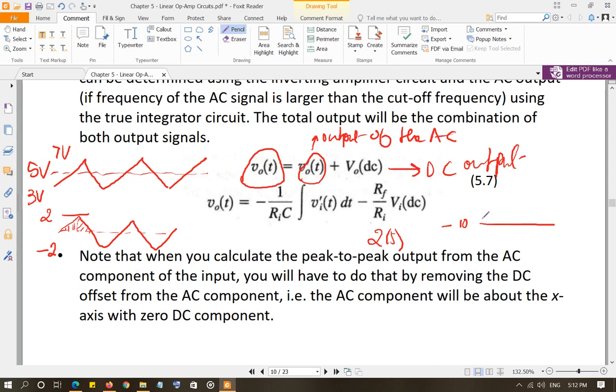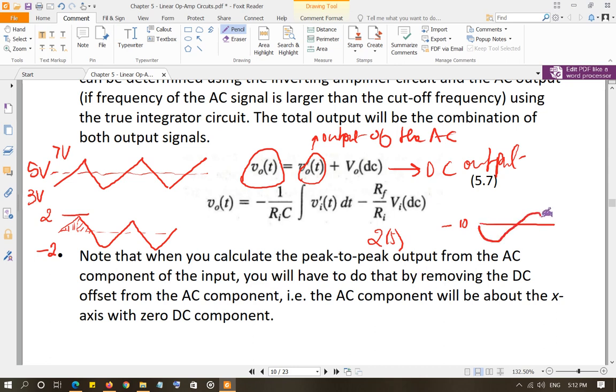If the input is going up, the output will be going down, and so on and so forth. And the output is going to be what? Because it's a T signal, the output is going to be a T square or parabolic signal. So the output is going to look something like this.